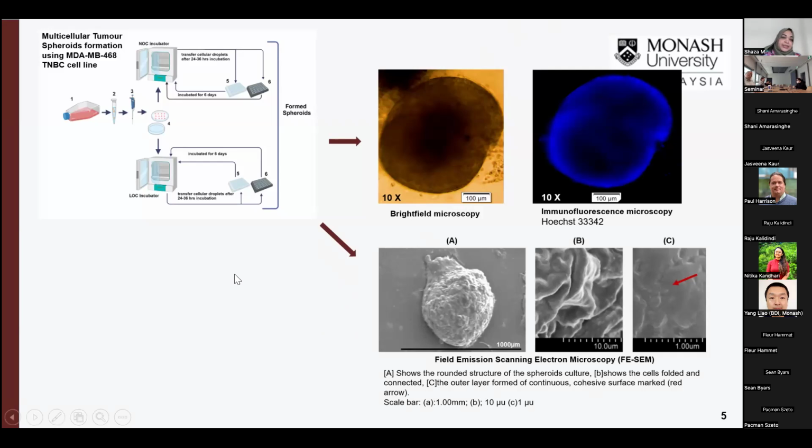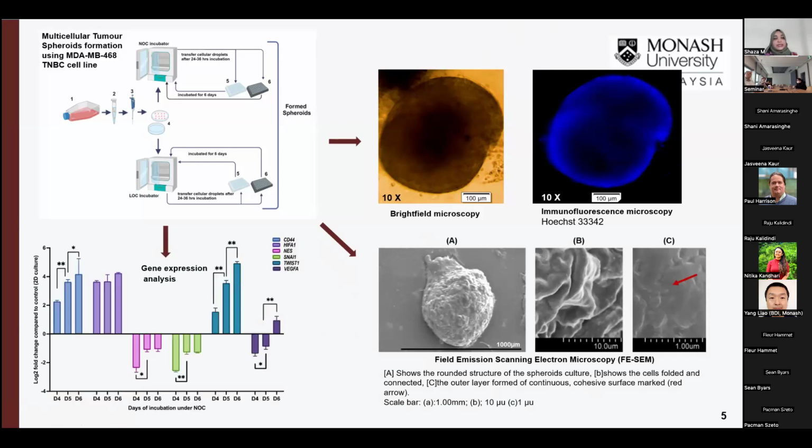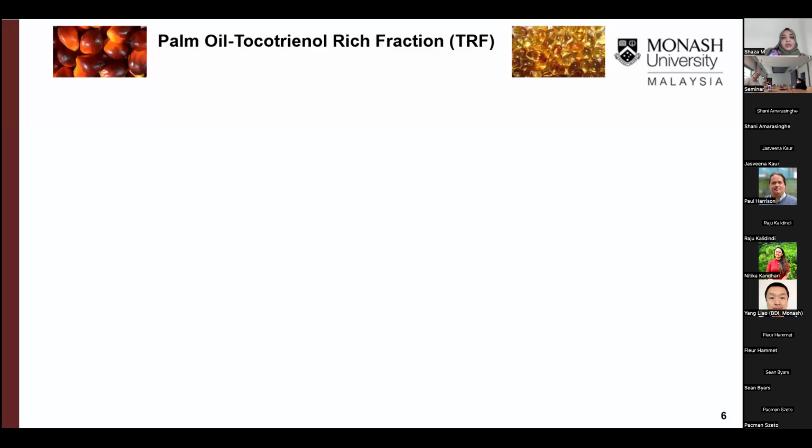Later, we examined the stem cell genes and how much hypoxia is inside, so we went for CD44 and HIF alpha to check the gene profiling of this model.